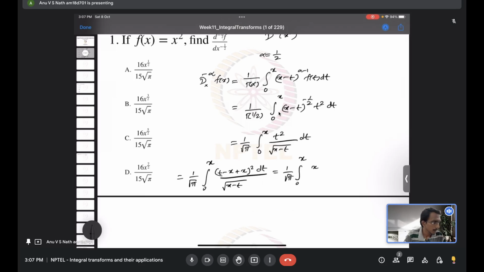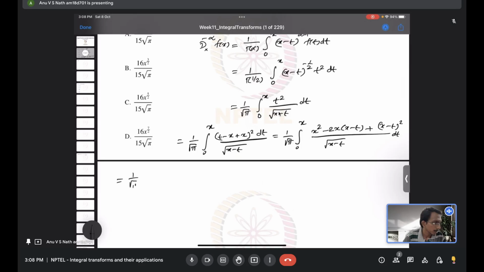So we are expanding using the binomial expansion: x square plus 2x times (t minus x), which we will write as minus 2x times (x minus t), because we have square root of x minus t in the denominator, that's why. Then plus (t minus x) the whole square, which is (x minus t) the whole square. Again, in the denominator we have square root of x minus t, then the integral dt.